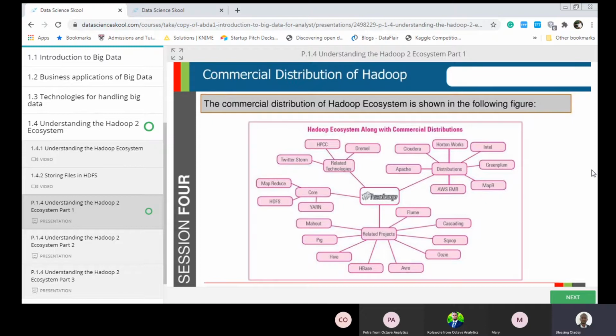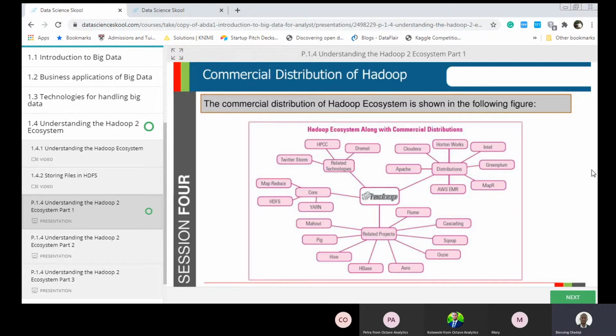Hadoop itself is open source, but there are some commercial distributions of it out there in the market. On AWS, there's EMR, which is in the cloud. There is the Apache distribution, there is the Cloudera distribution, there is the Hortonworks distribution, Intel has its own distribution, there is the MapR distribution.